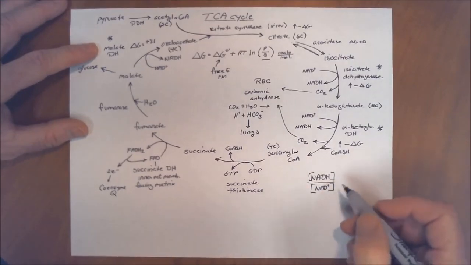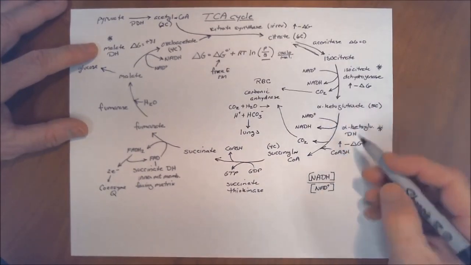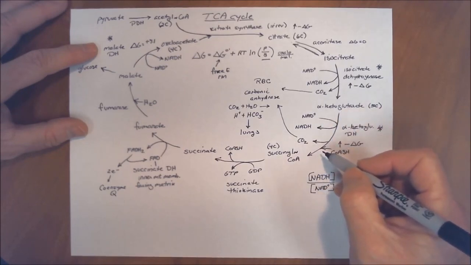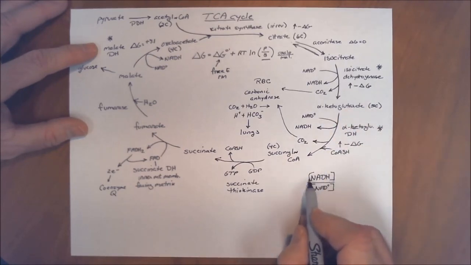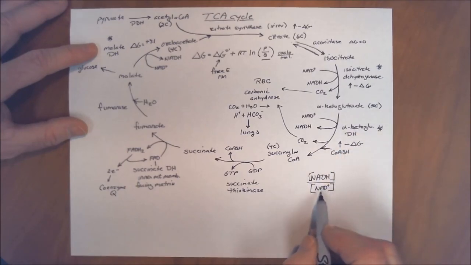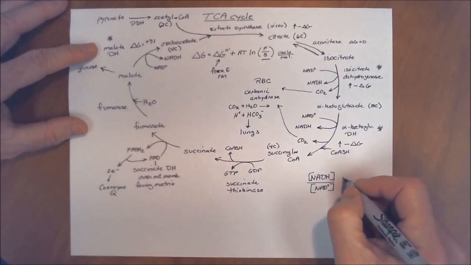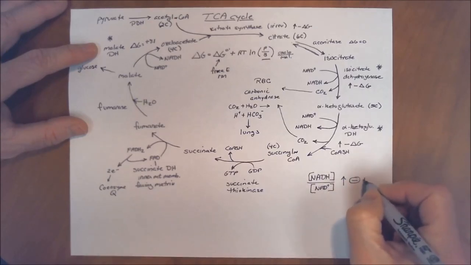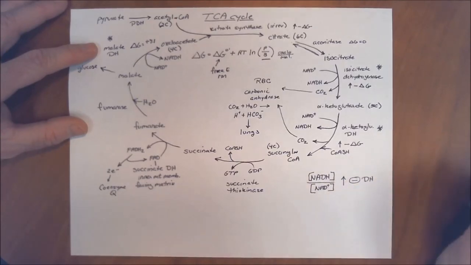What this simply means is that these dehydrogenases need NAD in order to perform the reaction, and a higher concentration of NADH is inhibitory. The other way to look at it is NAD is depleted when the NADH ratio is high, and so this is inhibitory to the dehydrogenase enzymes in the TCA cycle.